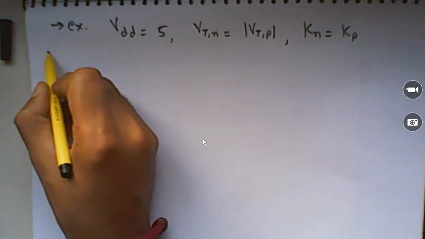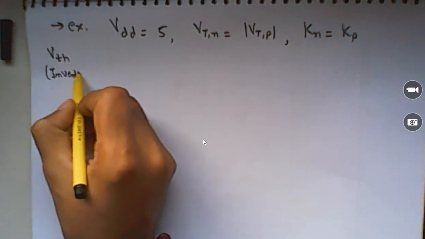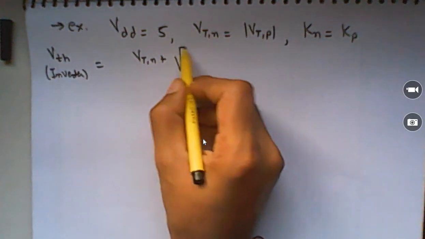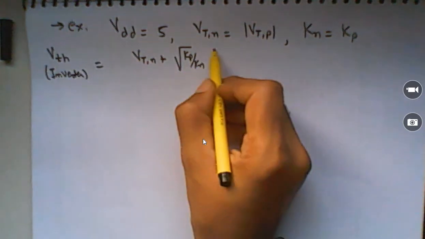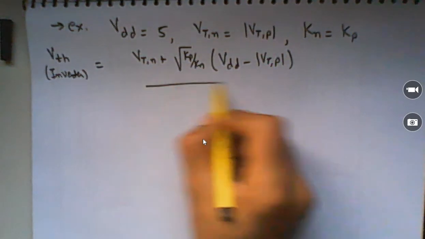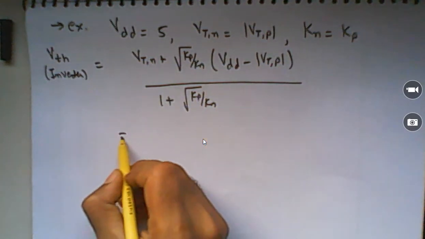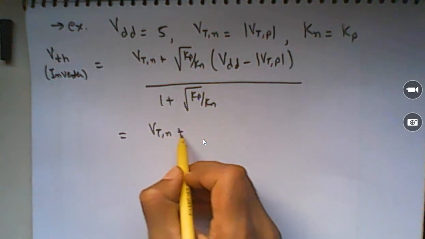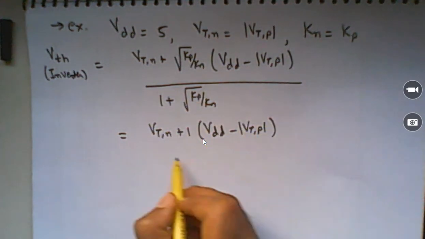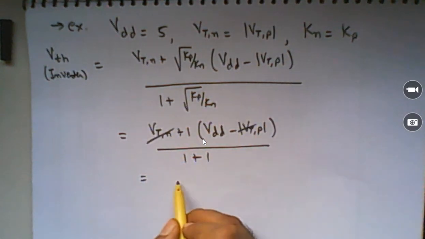If we substitute these values in the threshold voltage of the inverter, it is VTN plus root of Kp divided by Kn into VDD minus magnitude of VTP, divided by 1 plus root of Kp divided by Kn. Substituting, VTN plus 1 into VDD minus magnitude of VTP divided by 1 plus 1. Now VTN and VTP are equal, so it is VDD by 2.